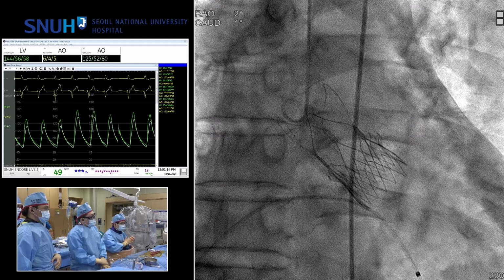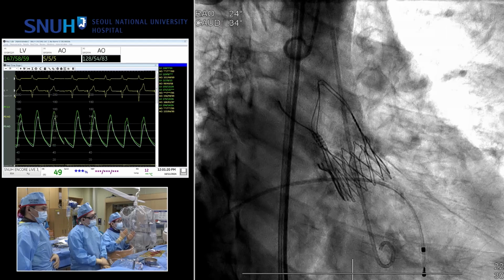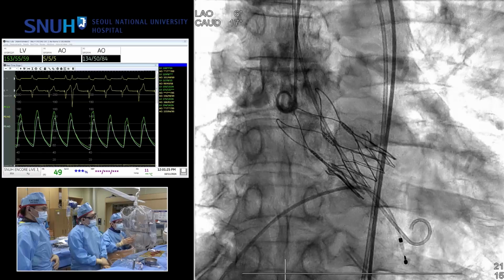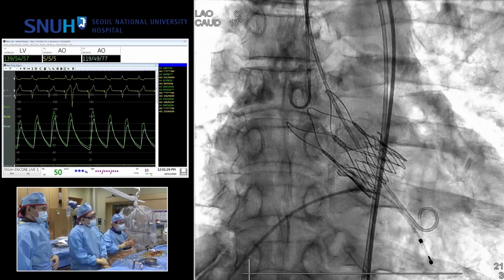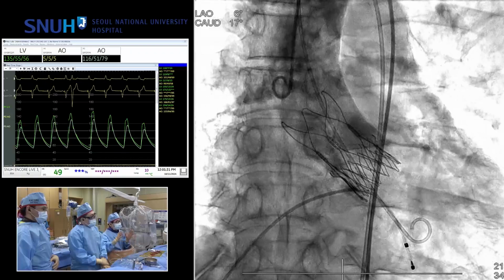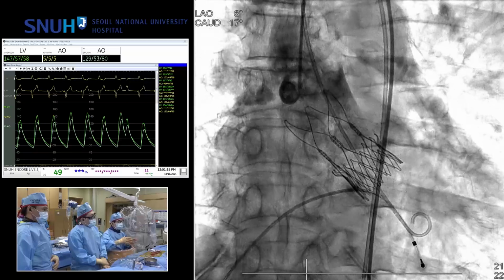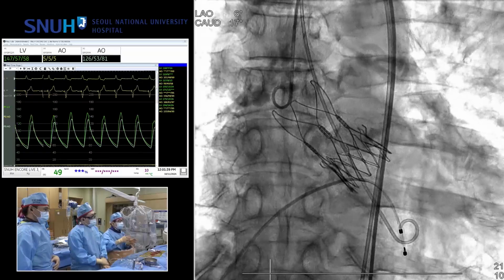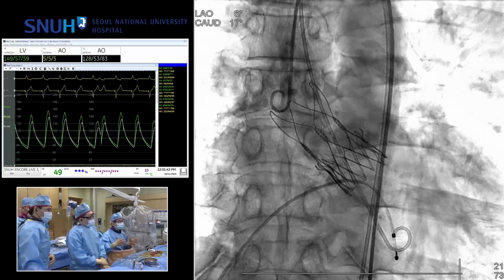Finally, expand the low crown. That expansile force is not so severe. After final release, the expansile force at the annulus is the same between Accurate Neo and Evolut. But the difference is Evolut starts from the LVOT with very great opening force. That may predispose to scratch injury to the LVOT, leading to complete AV block.